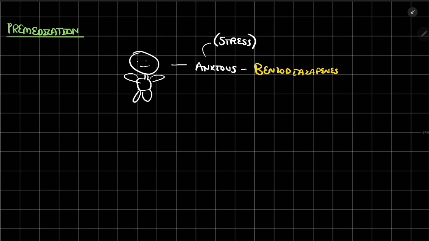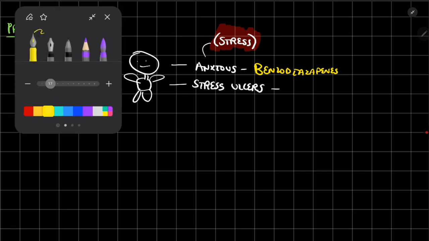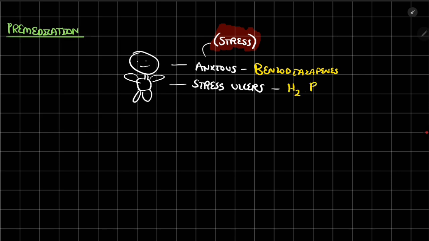Remember this word stress: it causes stress ulcers in the stomach, as we have studied in GIT pathology. So his stress ulcers can be controlled by giving him H2 blockers, like ranitidine, cimetidine and all.